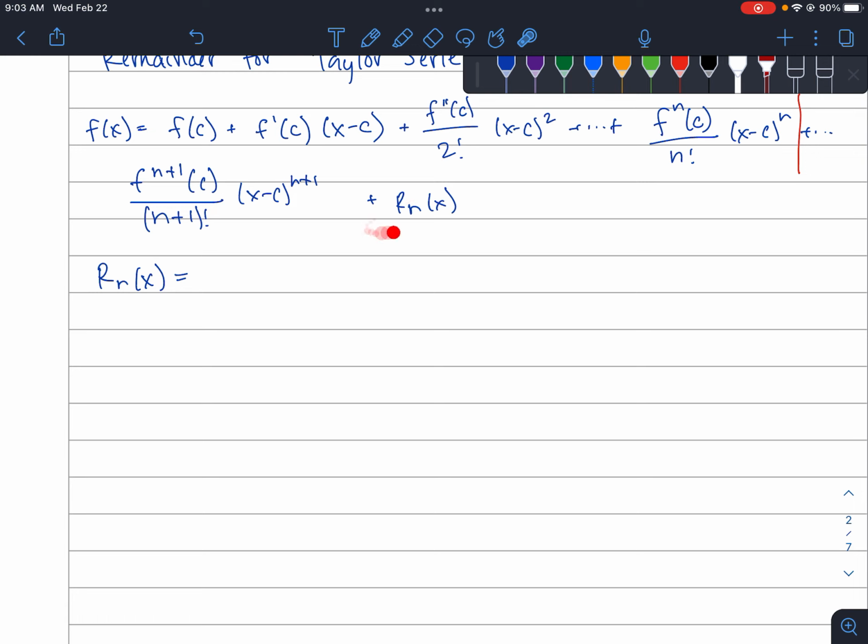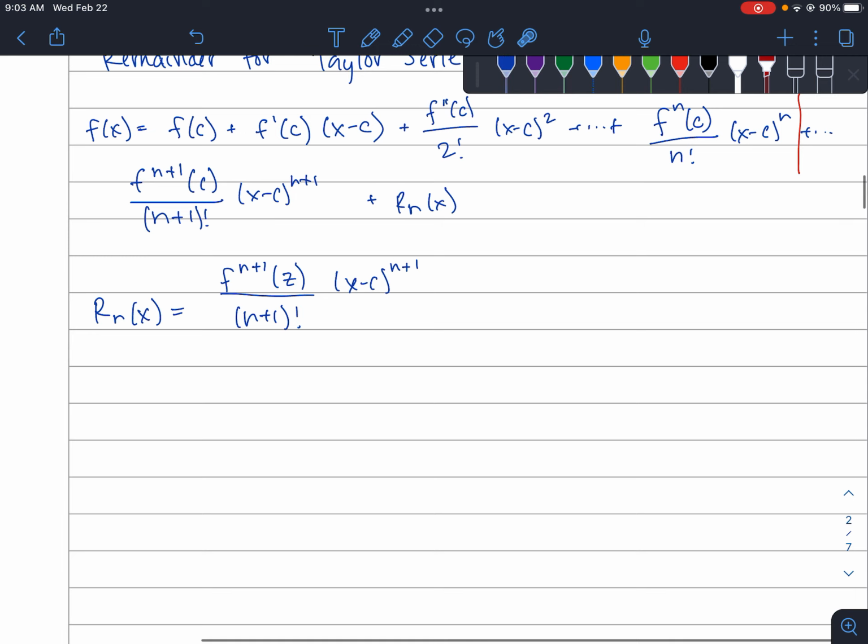So the error would be equal to, he said, the n plus 1 derivative at z. I'm going to talk about what that z is. Divided by n plus 1 factorial times x minus c to the n plus 1.